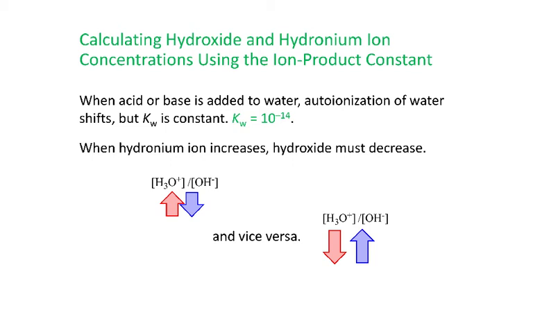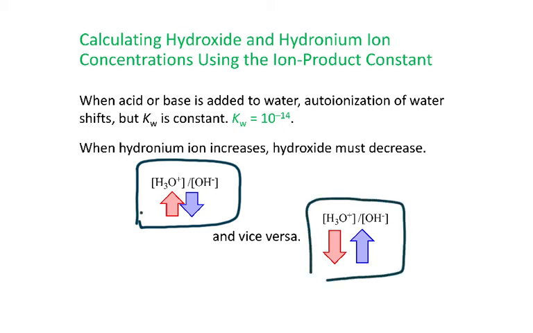So imagine one of these values goes up by a factor of 2, the other must go down by a factor of 2. One of them gets 10 times bigger, the other one must get 10 times smaller. They're inversely proportional to each other, right? So, for example, when hydronium increases, hydroxide must decrease. When hydronium decreases, hydroxide must increase.